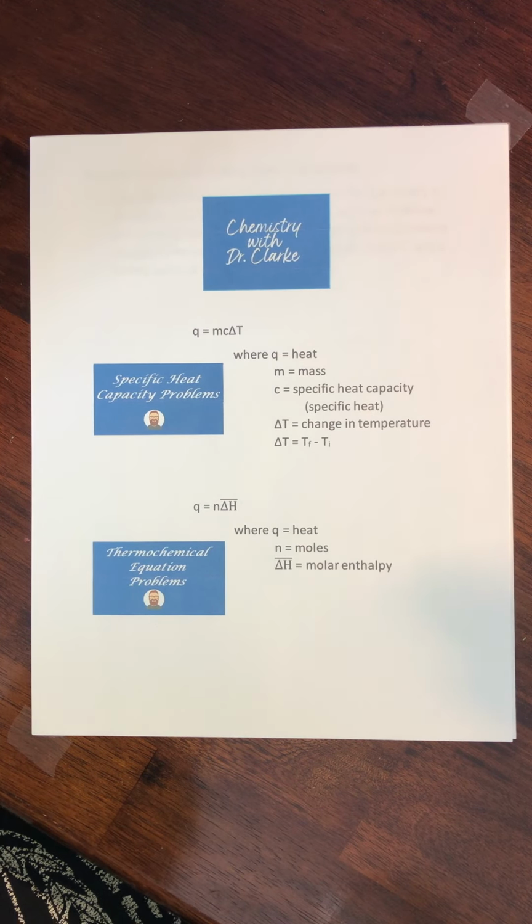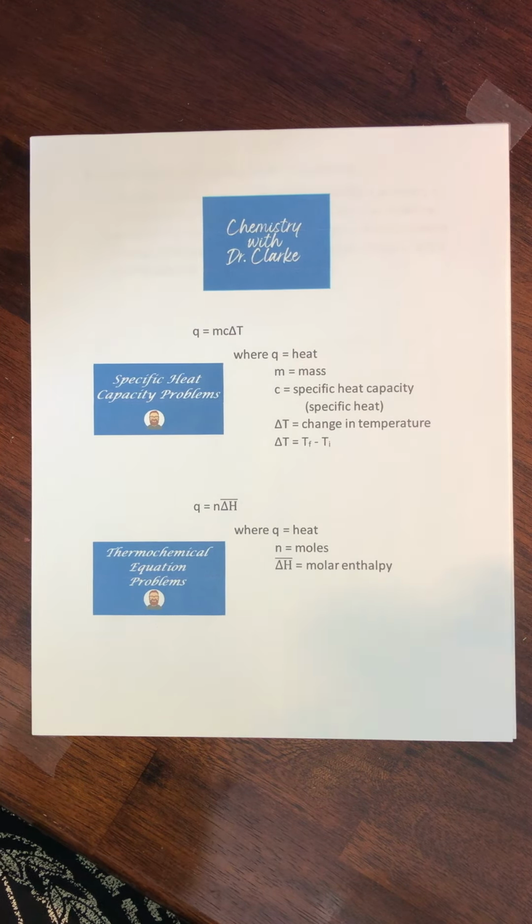Now, with these problems, there are a variety of units. Your heat can be in joules, or it can be in calories, or kilocalories, or kilojoules. There's quite a few. The main thing is when you're doing these calculations, you want to be consistent.